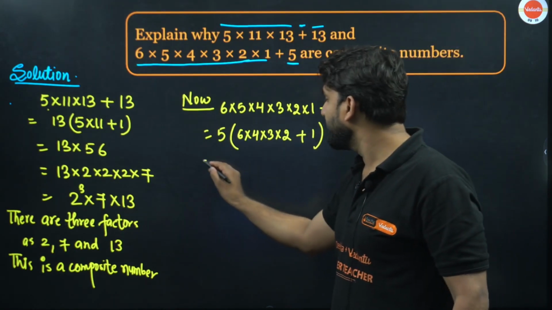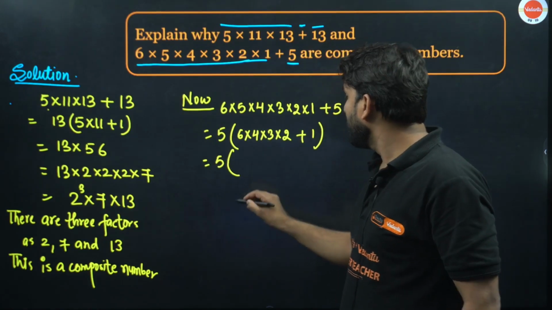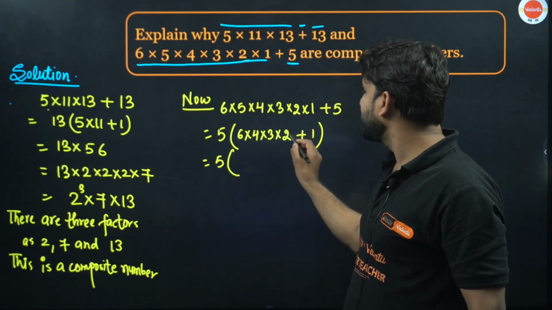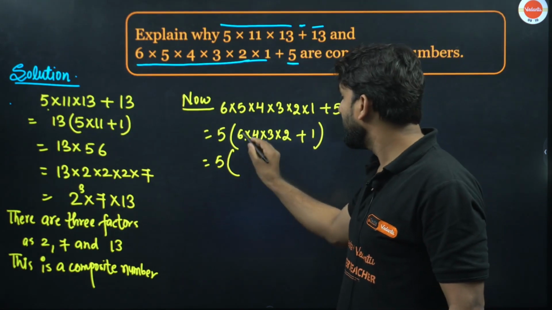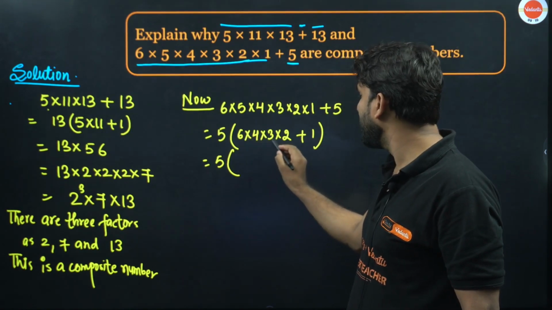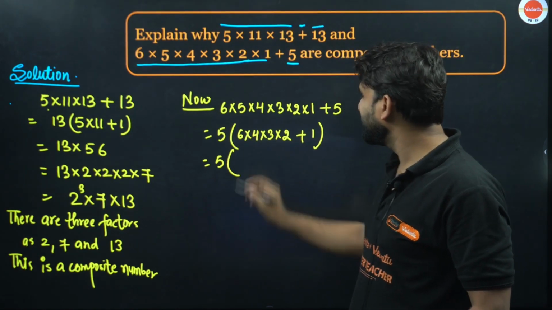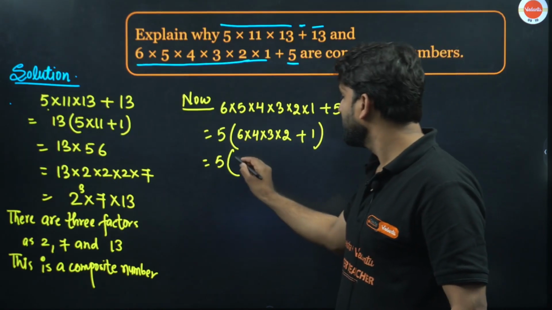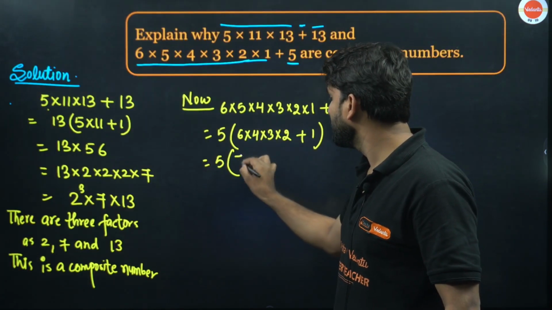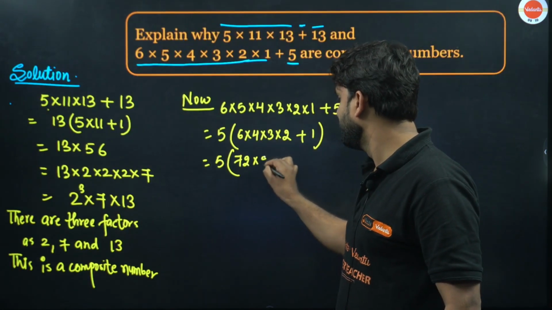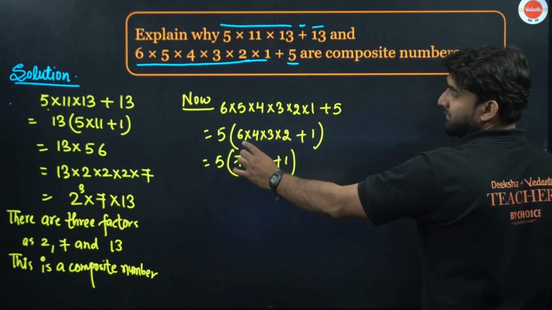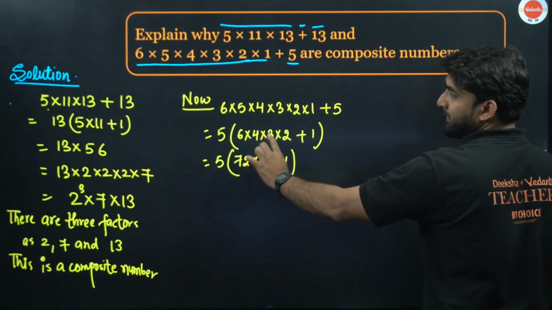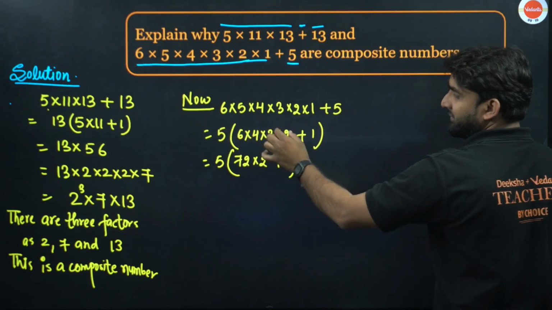Now solve this number: 4 threes are 12, 12 sixes are 72, and 72 into 2, plus 1. Clear everyone?